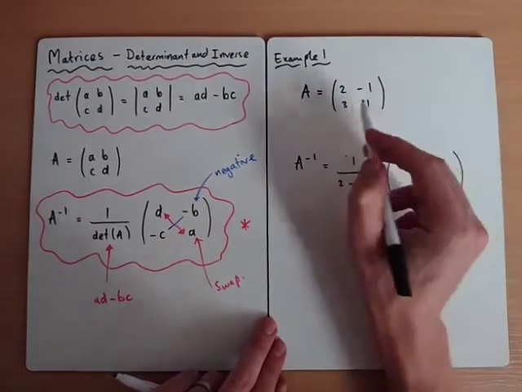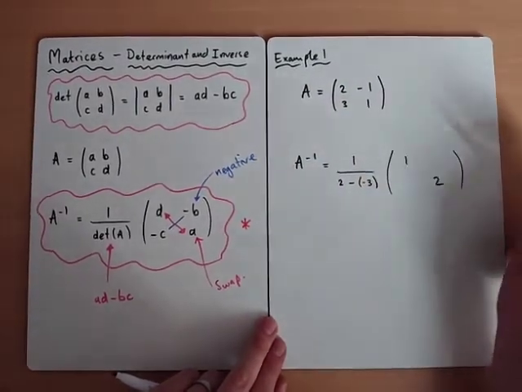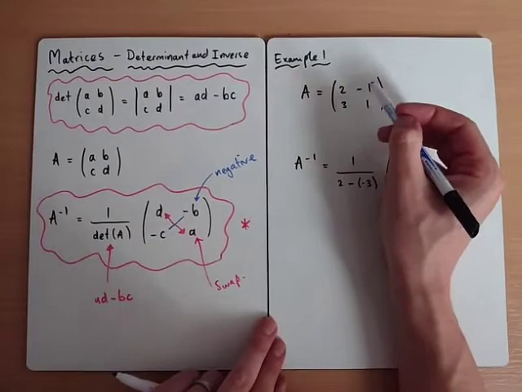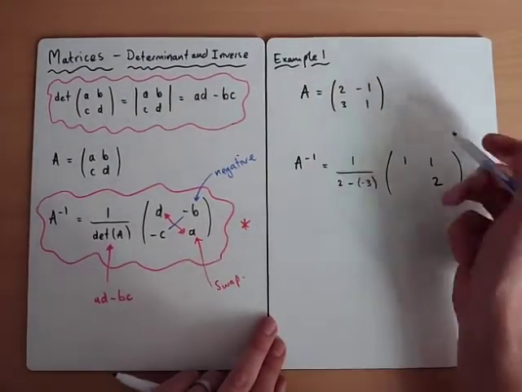And then for the matrix itself, we'll swap these over, so that would be 1, 2, and we'll change the sign of these. We multiply them by minus 1, so that becomes plus 1 and that becomes minus 3.